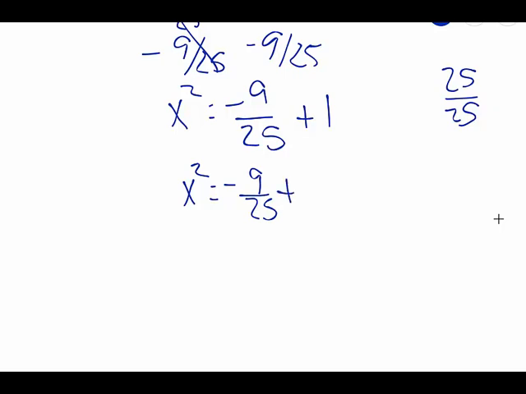So instead of putting the 1, I'm going to rewrite that as 25 over 25, just so that we can easily add these two fractions together. So when we do that, remember when you add fractions, keep the common denominator. Negative 9 plus 25 here gives us 16.